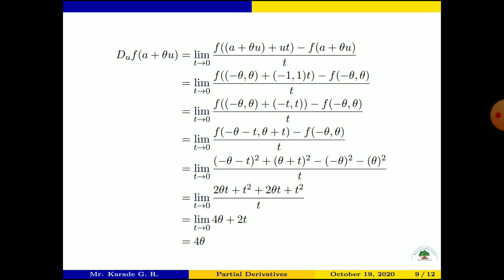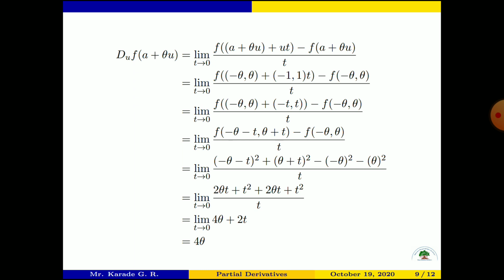In the next step, it equals limit t tends to 0 f of minus theta comma theta plus u, which is minus 1 comma 1, into t, minus f of minus theta comma theta, divided by t.